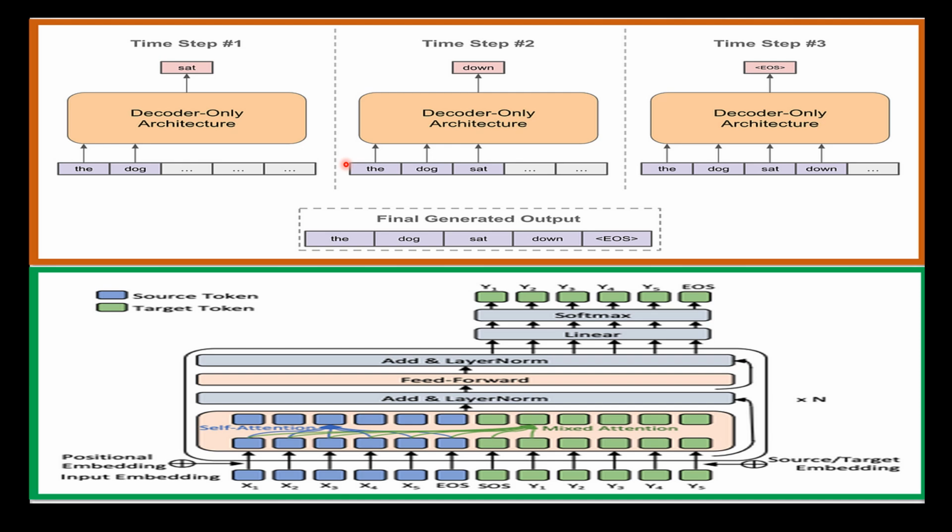Now an example of a decoder-only large language model is GPT, or the Generative Pre-trained Transformer family, which includes GPT-2, 3 and 4. These models process the input prompt using a transformer-based decoder which generates the output text. So the decoder will take input and produce a sequence of words or sentences, which makes them suitable for various natural language processing tasks such as language translation, summarization and text generation.